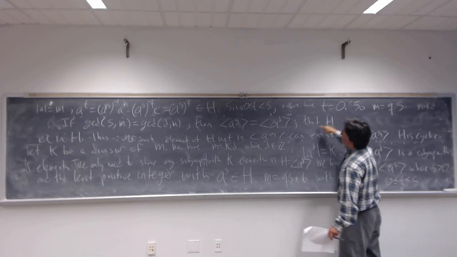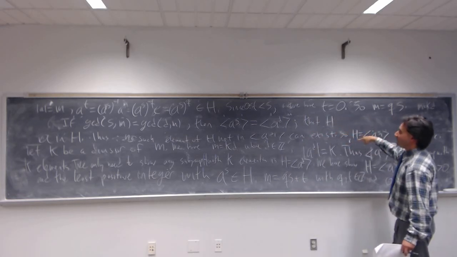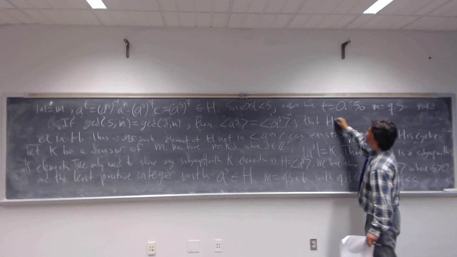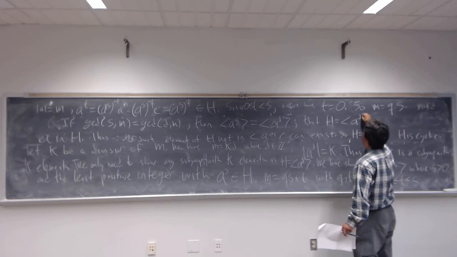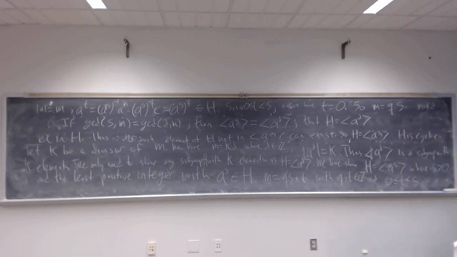That is, H, which we think of as an arbitrary cyclic subgroup with K elements, is in fact generated by A to the D.